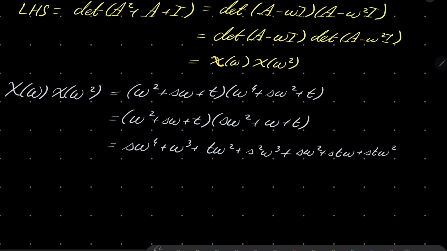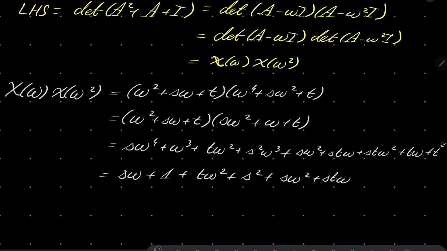St omega squared, t omega plus t squared. Now, let's simplify it. Well, s omega to the 4th power is the same as just s times omega, plus 1 plus t omega squared plus s squared plus s omega squared plus st omega plus st omega squared plus t omega plus t squared.